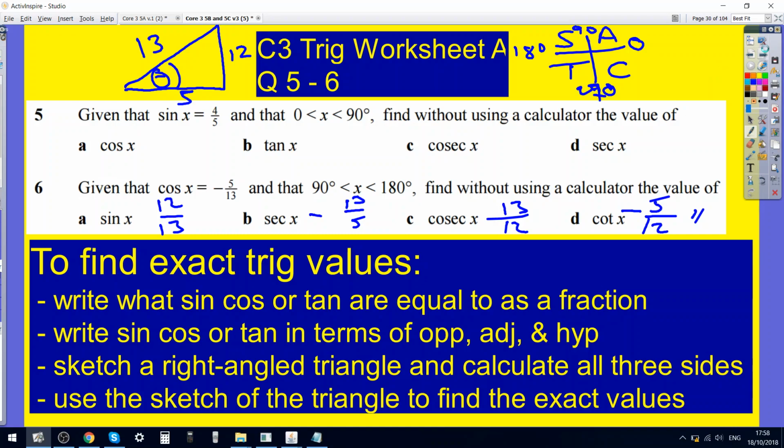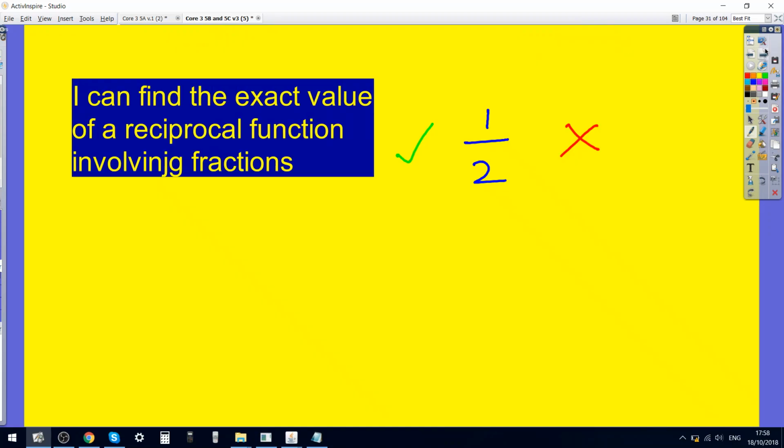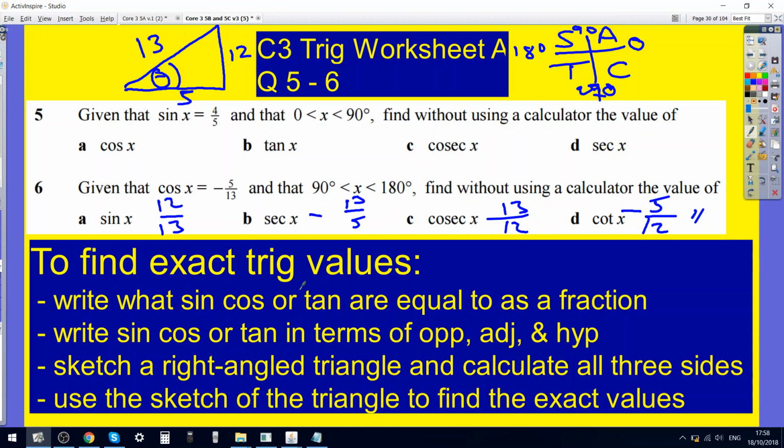So that's exact trig values. Let me just go back. Write what sine, cos, or tan are equal to as a fraction, like opposite, adjacent, hypotenuse. Sketch a right angled triangle. Get the third side, and then use that to get everything else. You also need to use your CAST diagram to say if it's positive or negative.